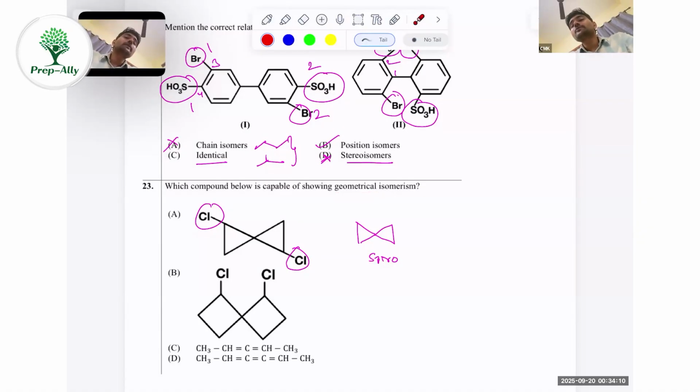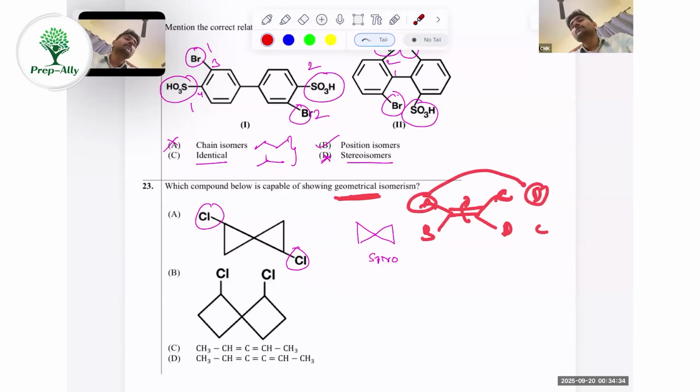When we call geometrical isomers, whenever a change is there once you rotate, the dipole moment will be different, and physical and chemical properties will be different. So you can't rotate. For example, if a double bond is there, you can't rotate it. So A, B, C, D: if C is here it means one type of property, if D is here it means another type of property.